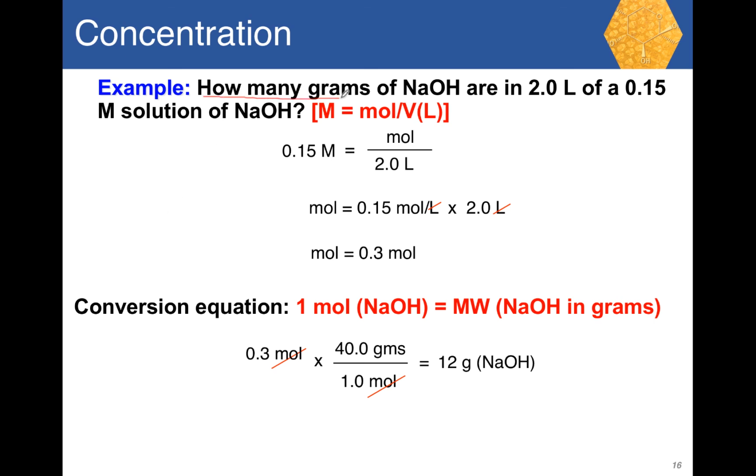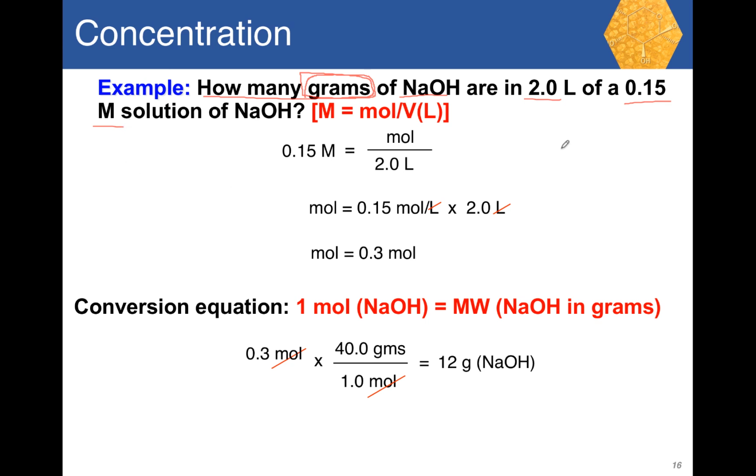How many grams? This time it's how many grams. So careful. How many grams this time, not moles, of NaOH are in 2 liters of 0.15 molarity? What we did previously, we calculated the moles.